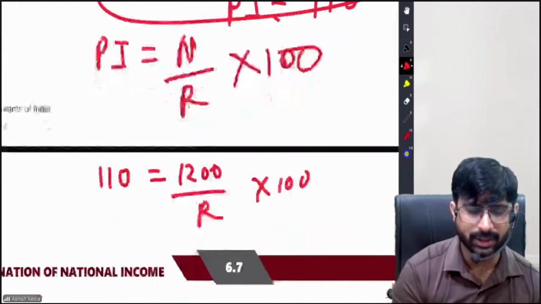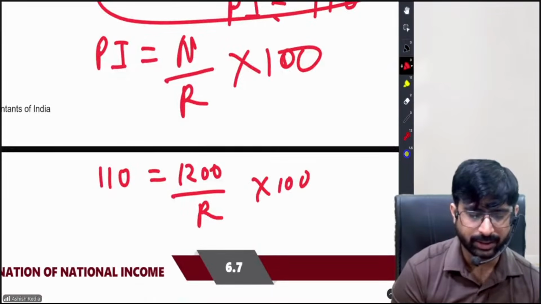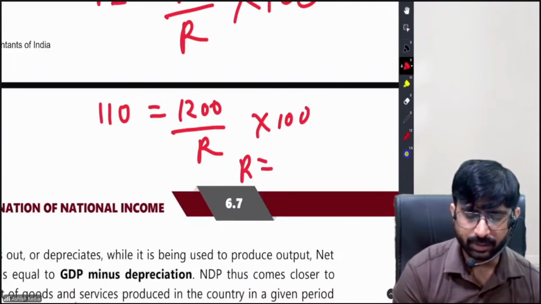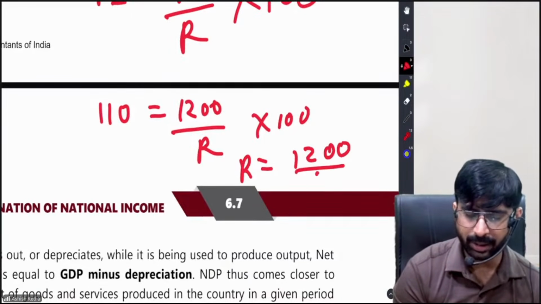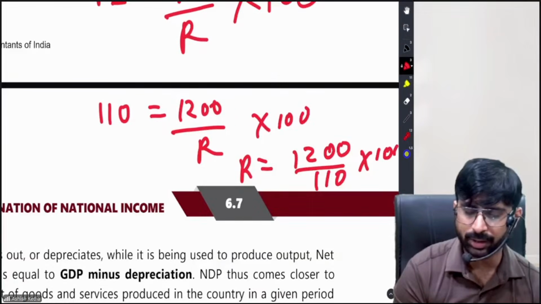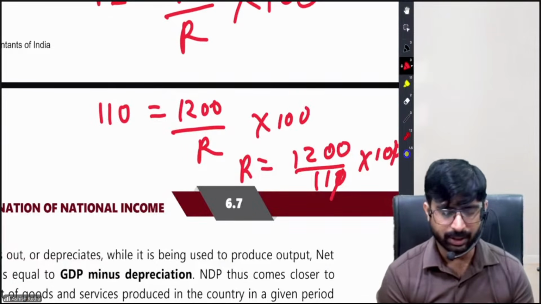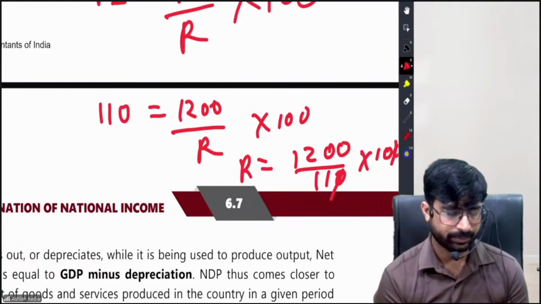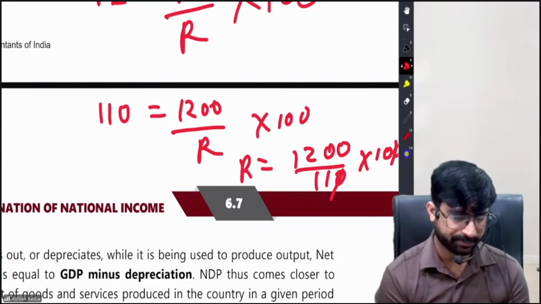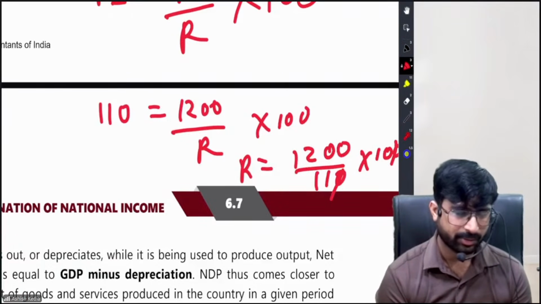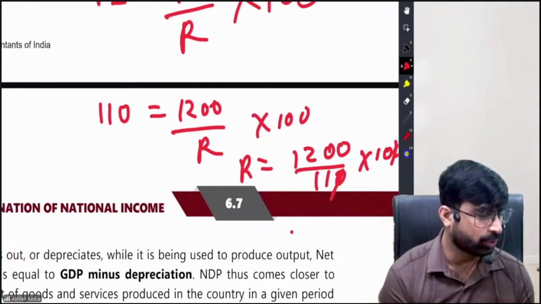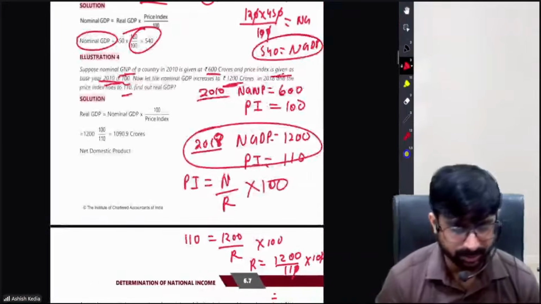A very easy thing indeed. So real goes to that side: 1200 by 110 into 100. Zeros gone, so 12,000 by 11. We are getting 1090.9 something.